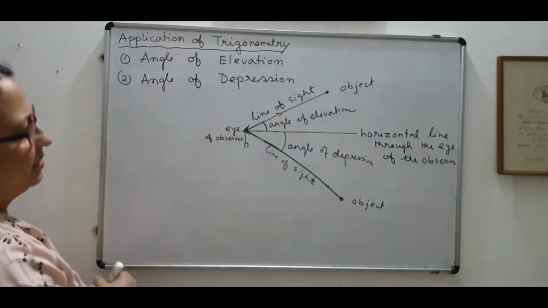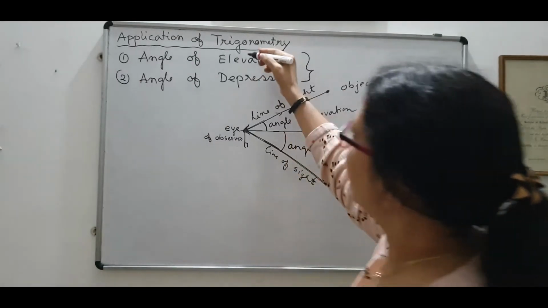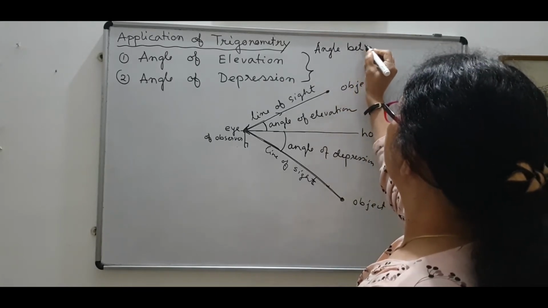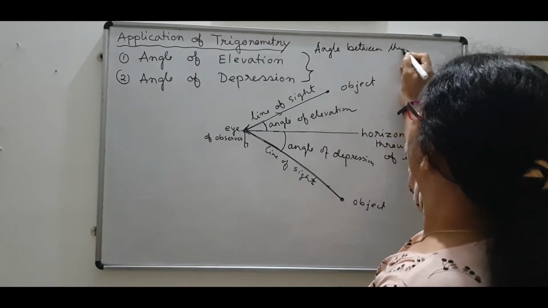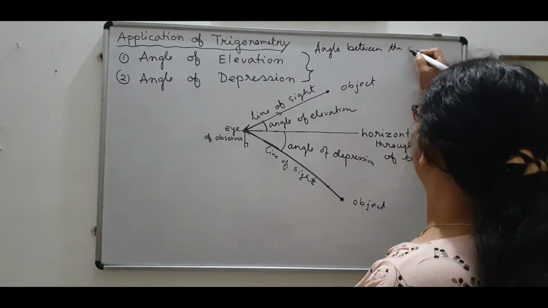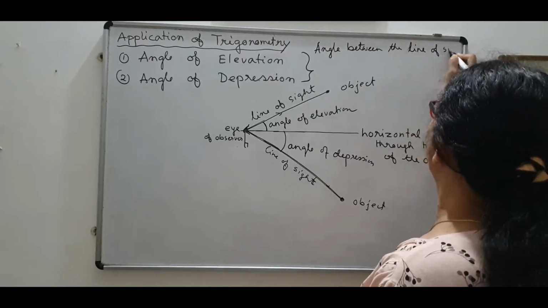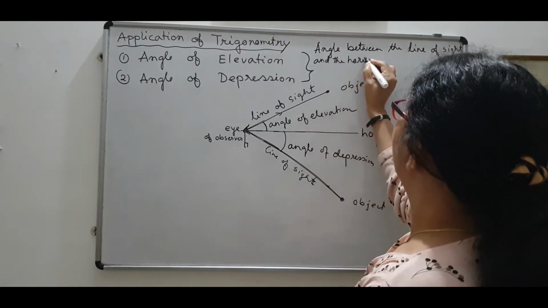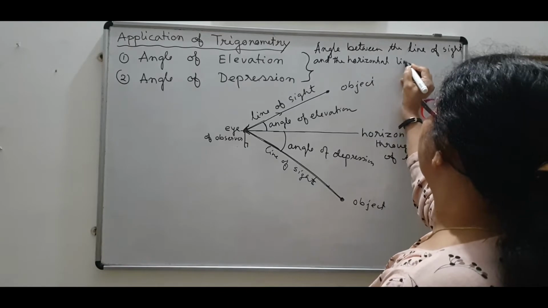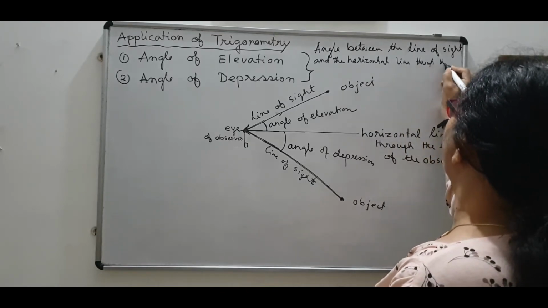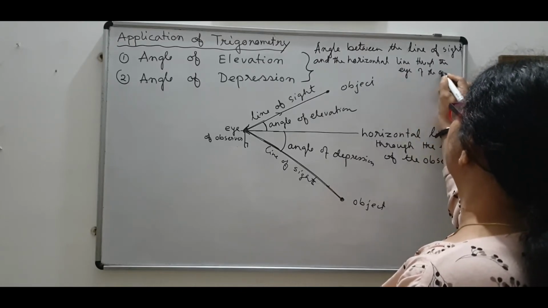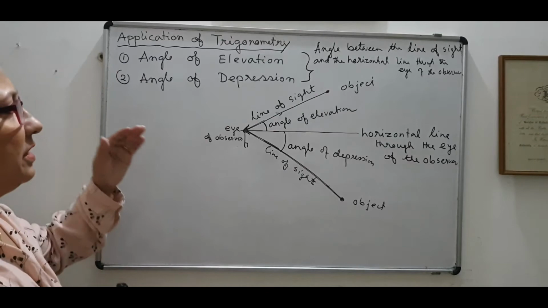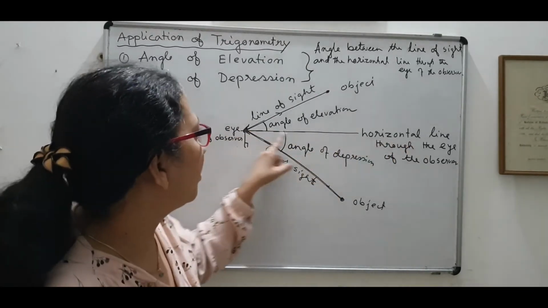So I can tell now that both the angles, angle of elevation and depression, are the angle between the line of sight and the horizontal line through the eye of the observer.